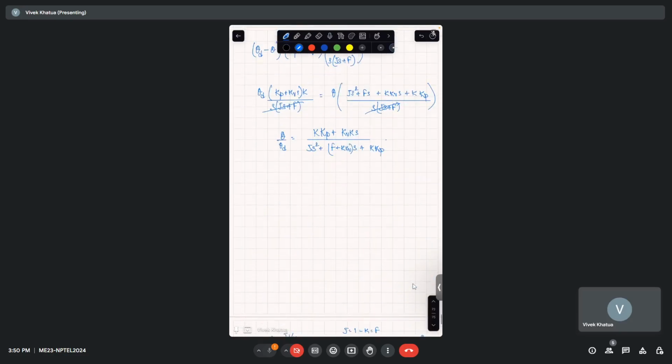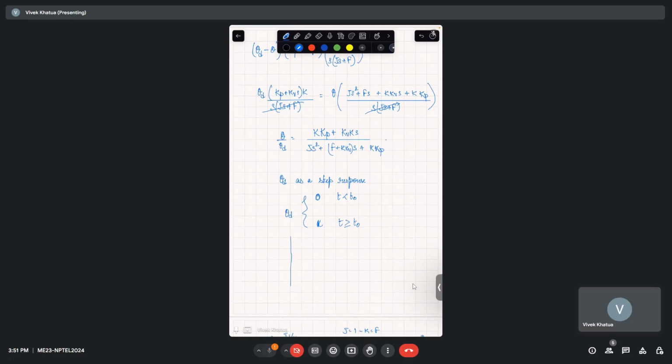When you have theta d as a step response, what does that mean? Theta d is 0 for t less than t naught, and then it is some value, let's say alpha, when t is greater than or equal to t naught.